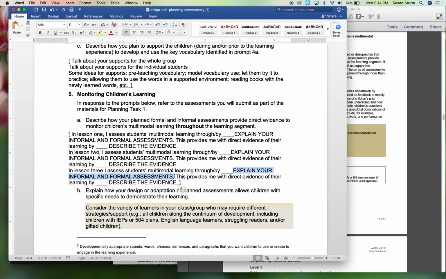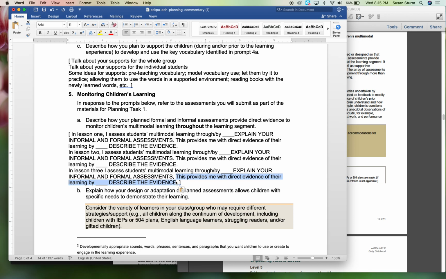It provides you with direct evidence of their learning by matching up their mastery of their ability to write to the criteria in the rubric. So I know that if students get a 3 out of 3 on providing a descriptive word, then I know that they're able to do that.